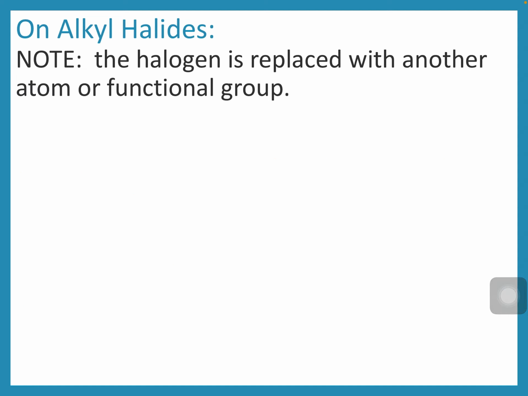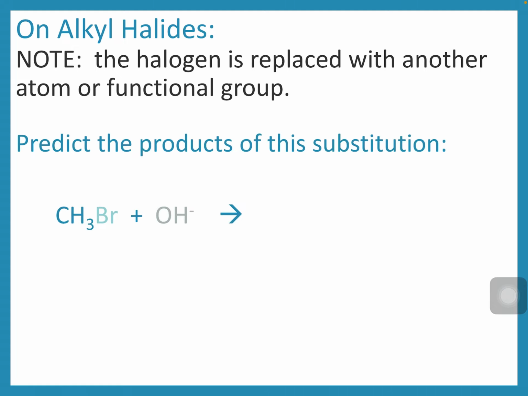For alkyl halides, the halogen is going to be replaced with another atom or functional group. Over here we have bromomethane and a hydroxide. Here we're just showing the ion that it was paired with something else, but in a solution it may be dissociating, and so that ion is in that solution.